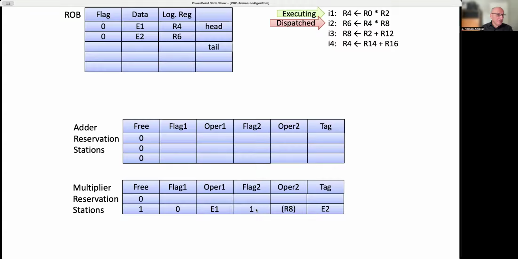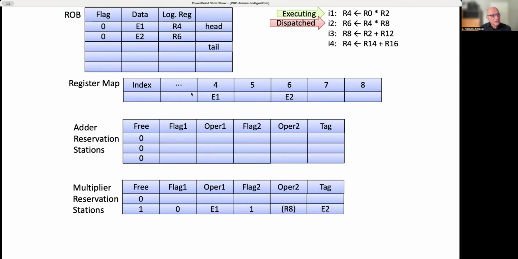For the second operand, I'm assuming that when I started this computation, all the values in the registers had already been computed. So for the second operand, the value is available, and it is the value in register R8. And the tag here is where I'm going to write this result when it is computed, and it indicates that when the result of this multiplication is computed, it should be written in entry E2 of the reorder buffer. So now that we understand the notation, we can start going through our simulation.